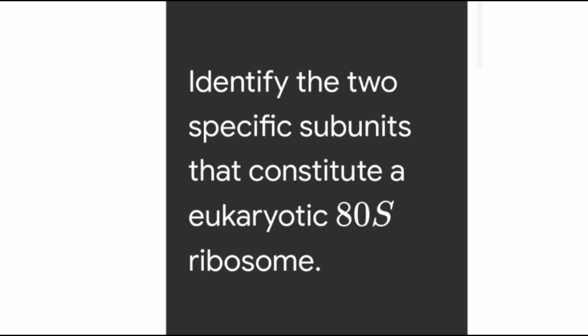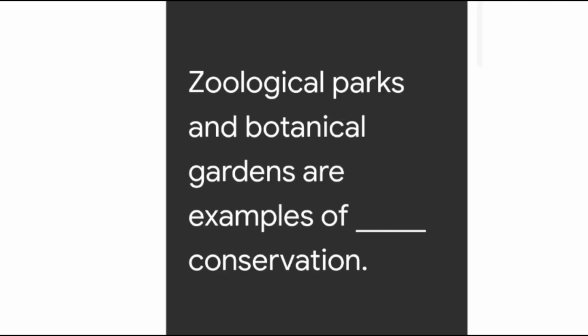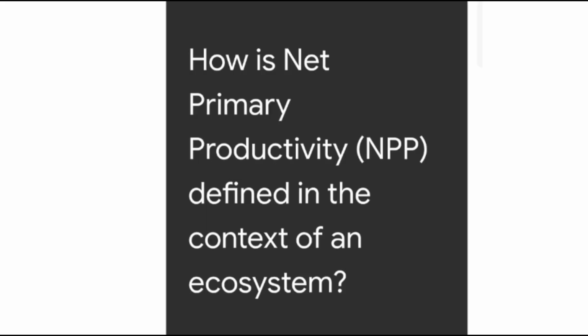Always remember, in eukaryotes the 80S ribosome is 60 and 40, whereas in prokaryotes the 70S ribosome consists of 50 and 30. Zoological park and botanical garden are examples of ex situ conservation.